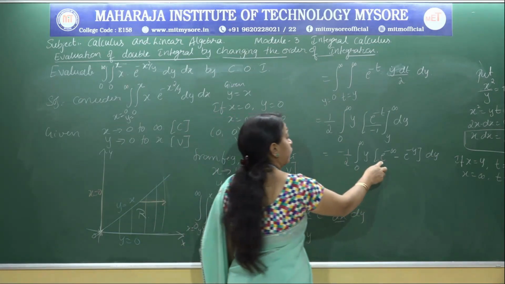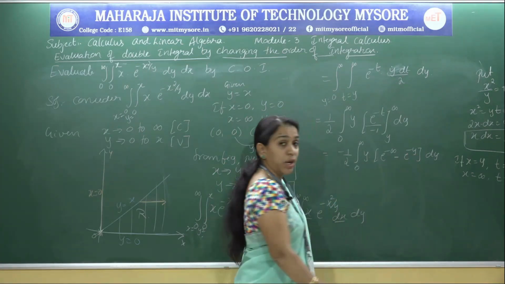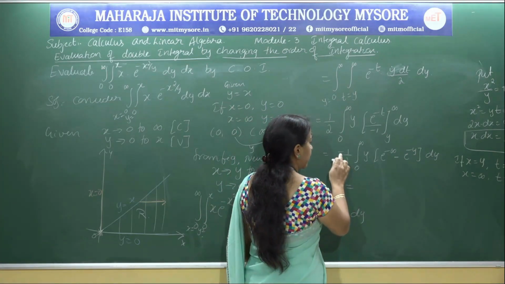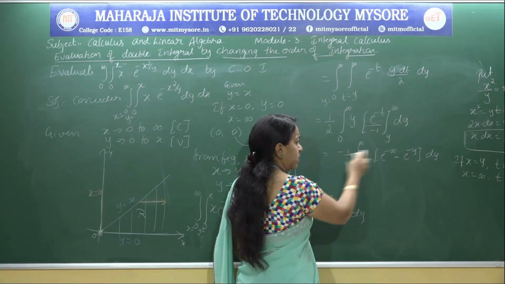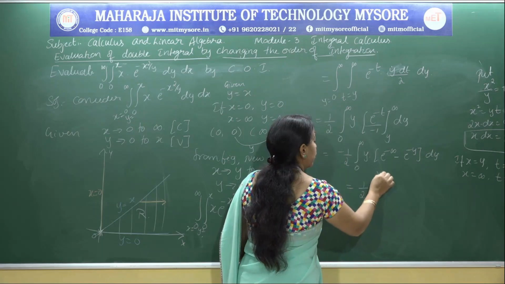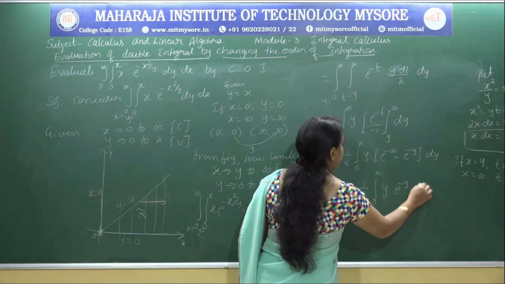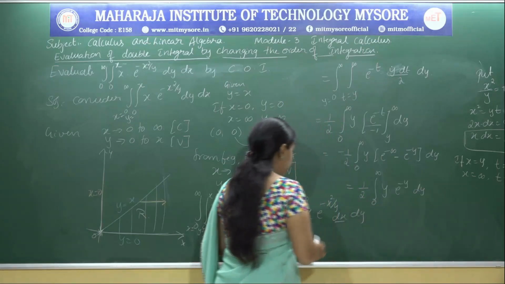So e power infinity is 0, I am left with minus e power minus y, so that can be evaluated. Minus we have common, so minus of minus becomes plus 1 by 2, integral 0 to infinity, we are left with y into e power minus y dy.